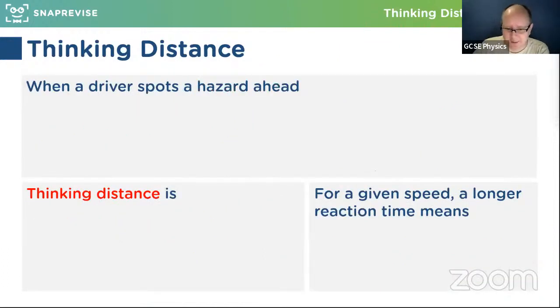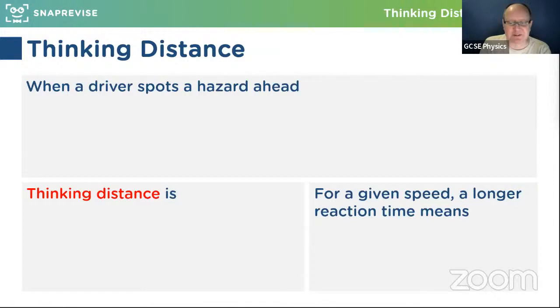So moving on to thinking distance. We've talked about reaction time, and now we'll talk about thinking distance, and be careful not to confuse thinking distance and reaction time. Some students confuse the two and start talking about thinking time and reaction distance and so on. The thinking distance is the distance a vehicle will cover during the reaction time of the driver.